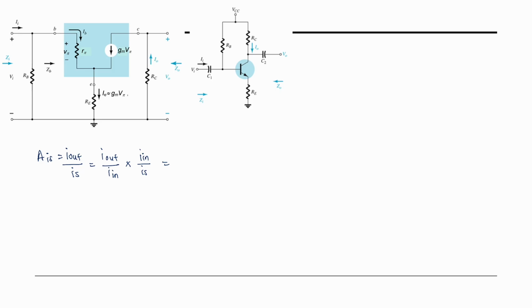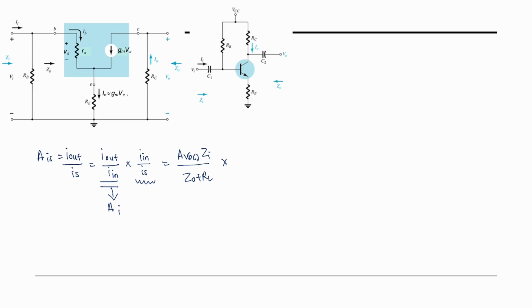So I out over I in is the one we have calculated, which is actually the AI. So the answer for this part is going to be AVOC Z in over Z out plus RL. So what is left is only this particular part.